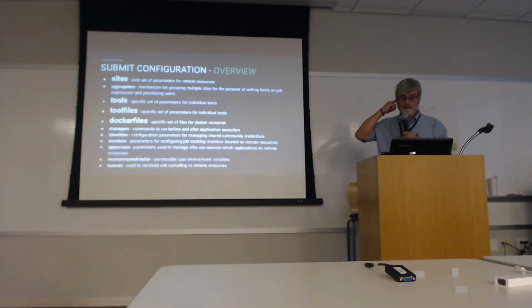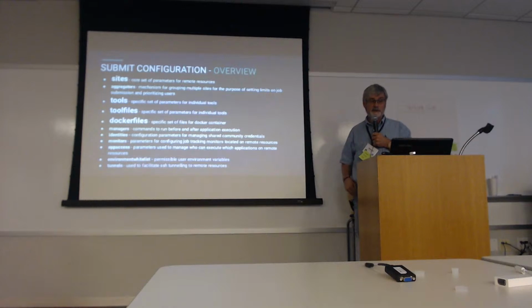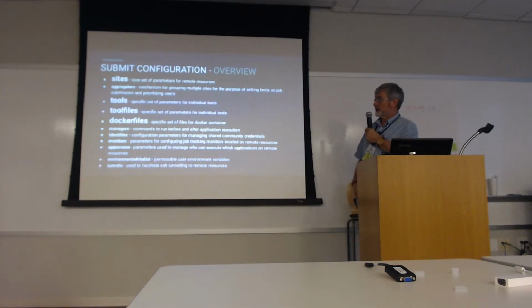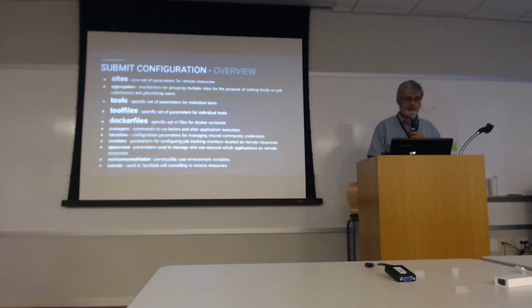Okay, so the center of all of that is something called Submit, and it has many configuration parts. Whether you're using BOINC or you're using a supercomputer, we have the same requirements in the configuration. I'll touch briefly on only 4 out of the 9 or 10 or 11 that are here.